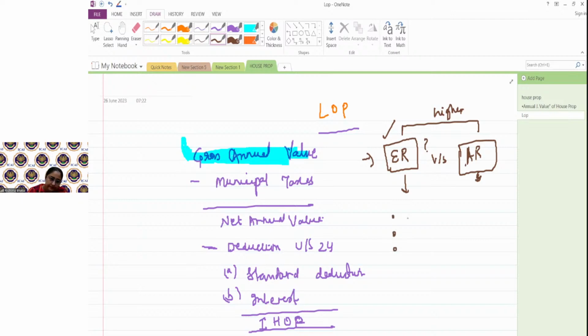One is municipal value. Another thing is fair market value.